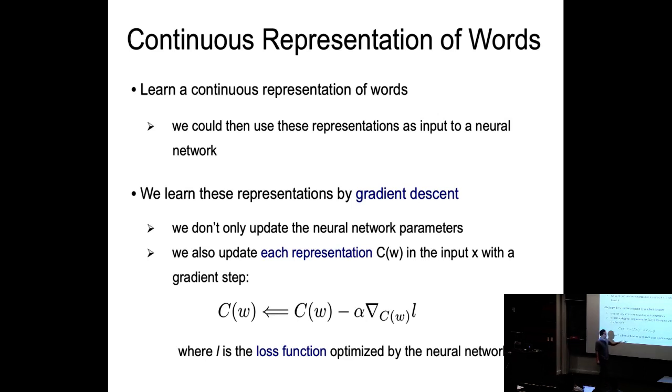You're going to have some loss function that you're trying to optimize. It could be classification loss, predicting the next word, or predicting something else. Whatever that loss is, we're going to design algorithms so that when you take the gradient of this loss with respect to these embeddings, you can learn what these embeddings are.